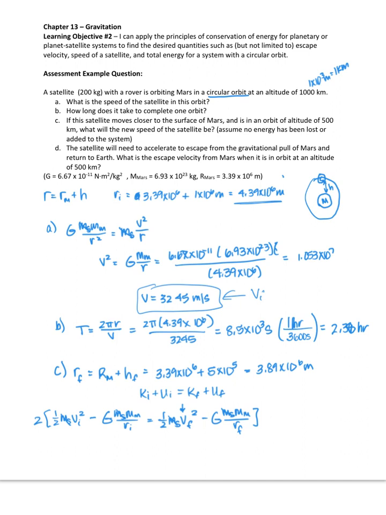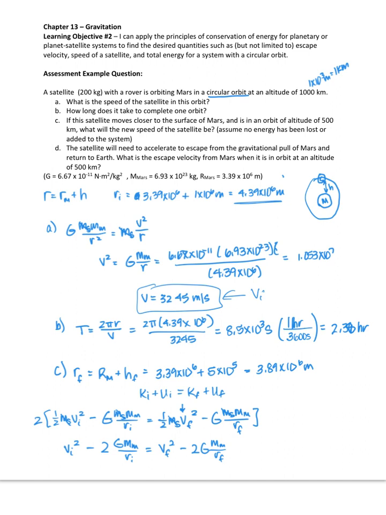And so where I'm going to be right now is I would have v initial squared minus 2 big G, the mass of Mars, over r initial equals v final squared minus 2G mass of Mars over r final. And I'm going to have to go on to another slide, because I'm running out of room.